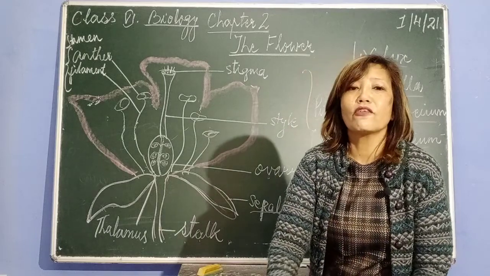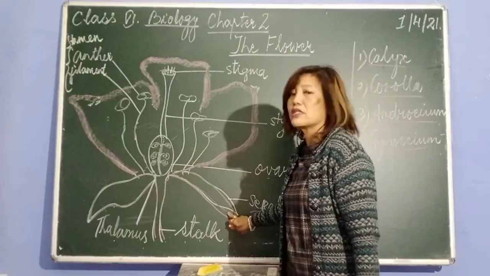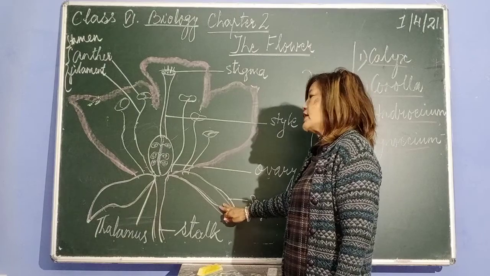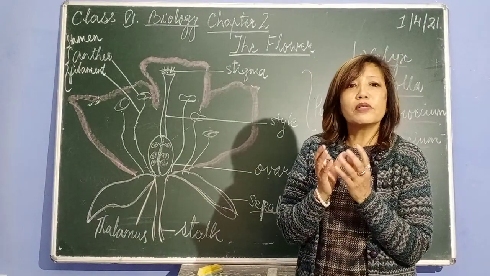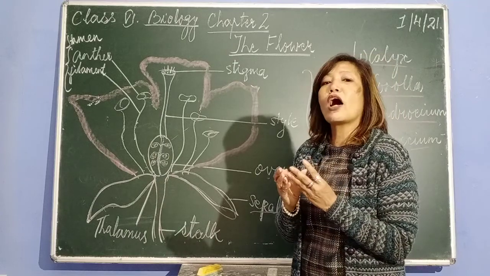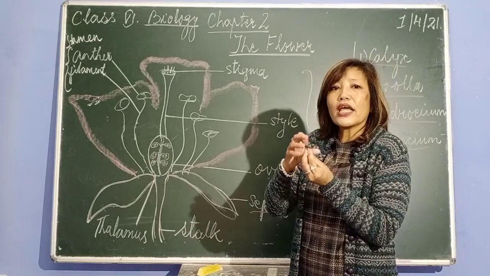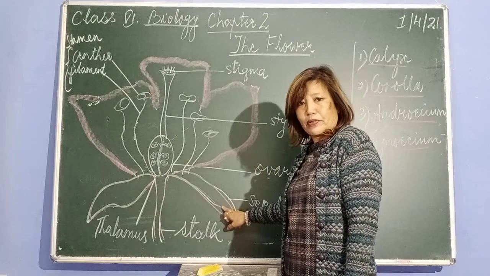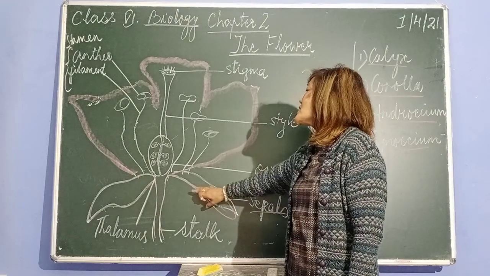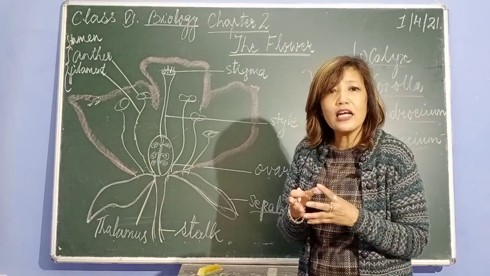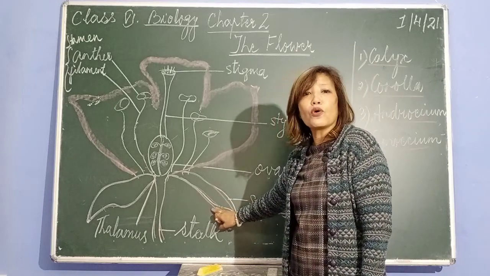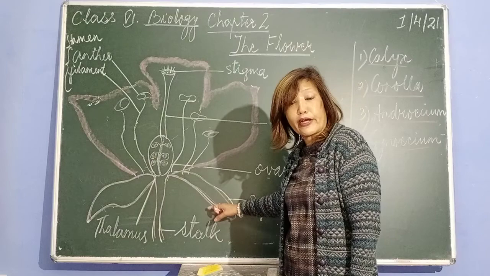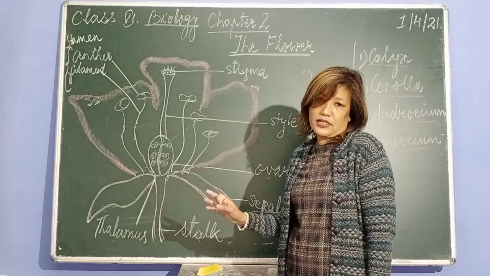So what is the function of sepals? The function of the sepals is to protect the flower in the bud stage. When the flower is in the bud stage, it is protected by sepals. And since these sepals are green in color, they will also perform photosynthesis. They will also prepare food for the plant.